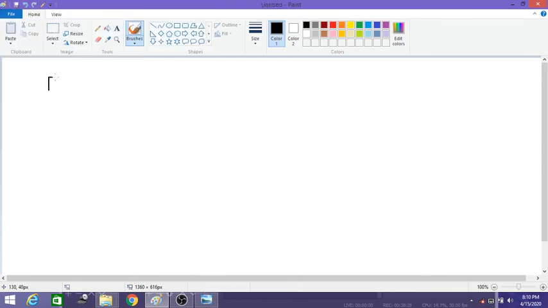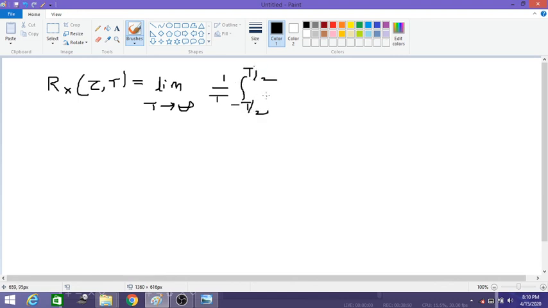From the autocorrelation definition, it is Rx of tau is equal to the limit T tends to infinity of 1 by T into integral of minus T by 2 to plus T by 2 of x of t plus tau into x of t into dt.